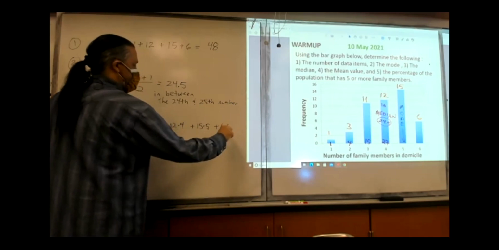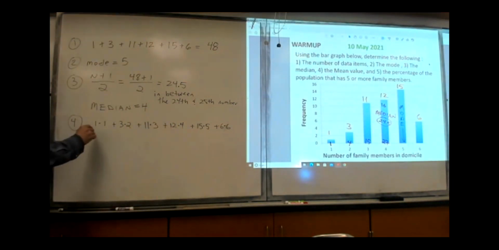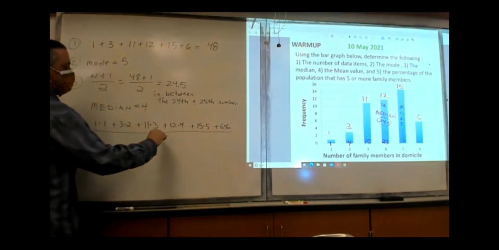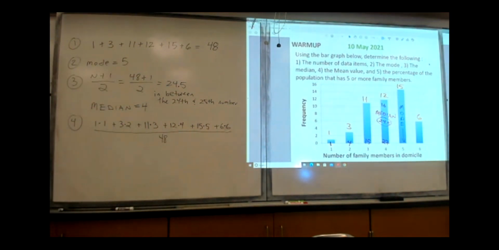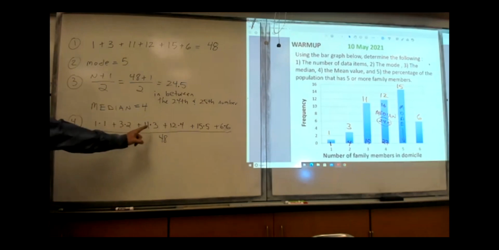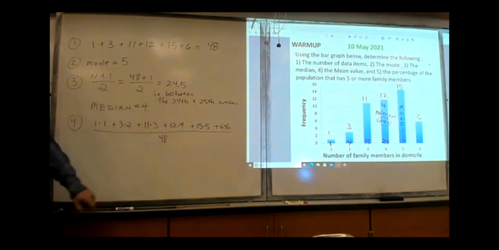My dot here means times, by the way. And then how many total domiciles did we have? We had 48. So that would get you the mean. I'm going to have you guys finish the calculation on your own, and then divide by the 48.